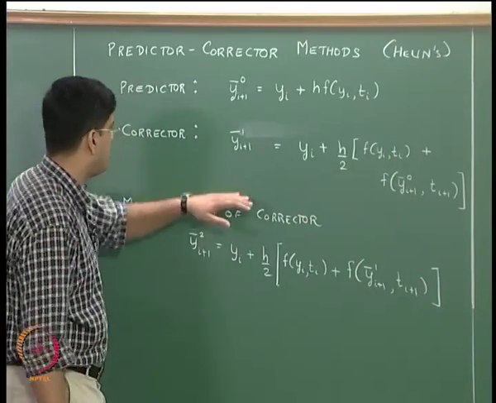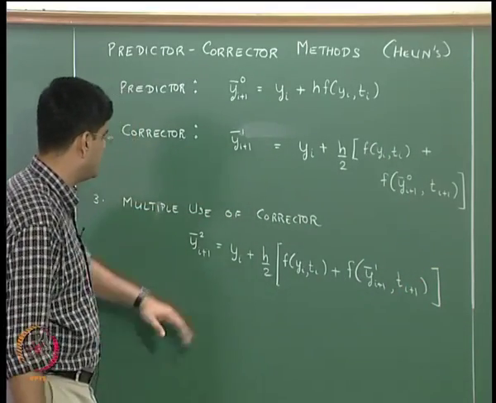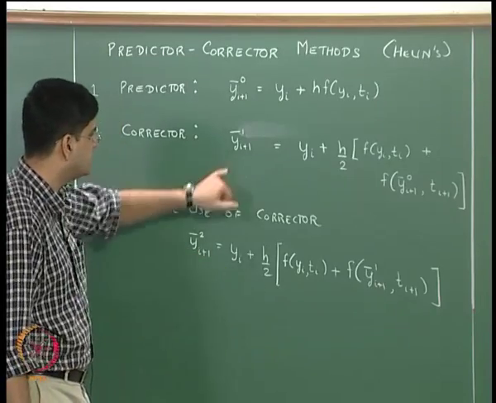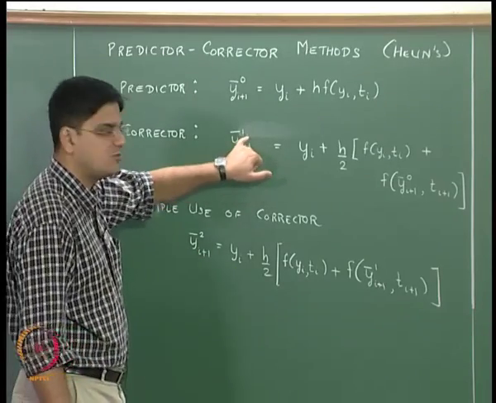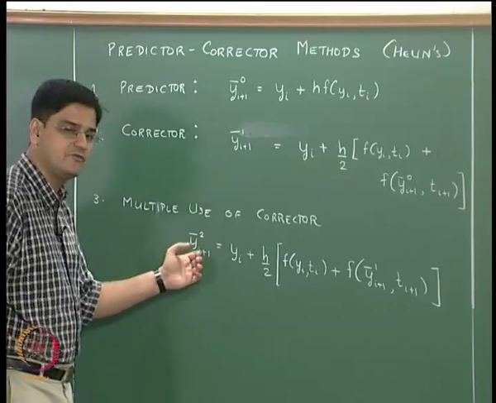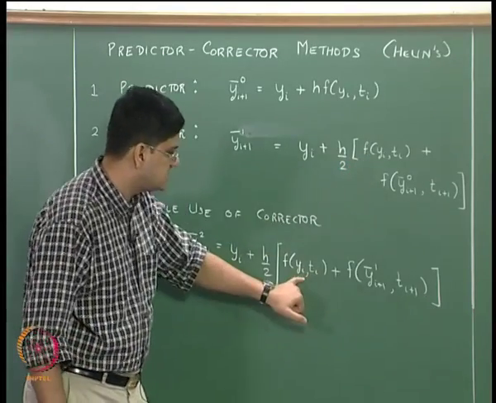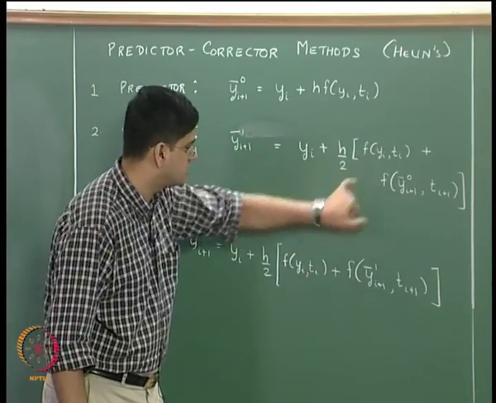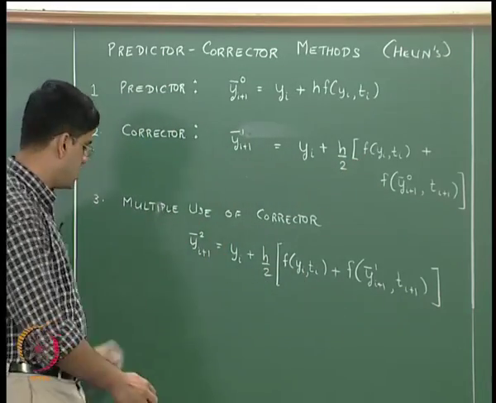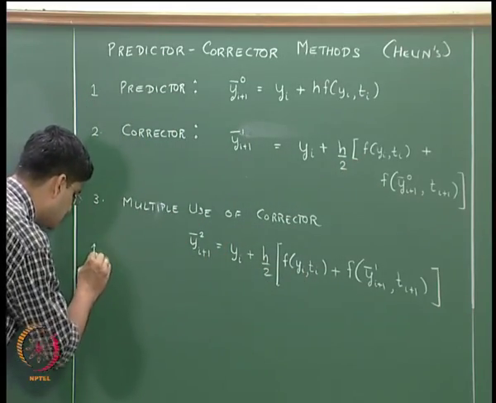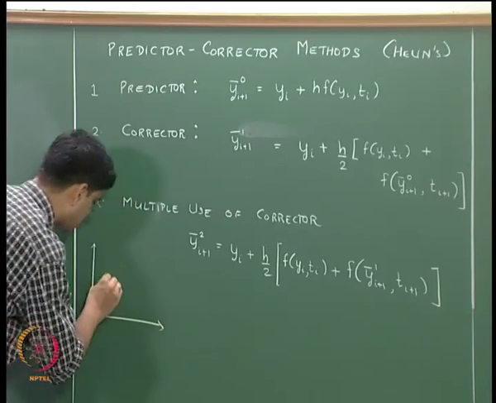If we compare the second use of the corrector with the first use, instead of computing y bar i+1 superscript 1, we are now computing y bar i+1 superscript 2. This term remains the same. This particular term does not change. It means it is the slope that is computed at the initial point.